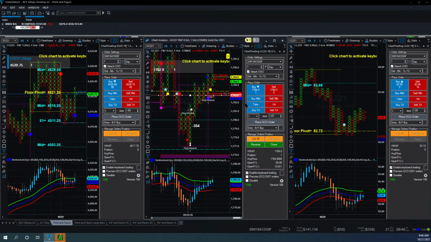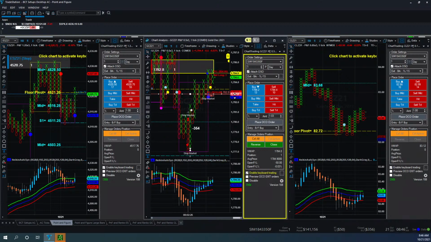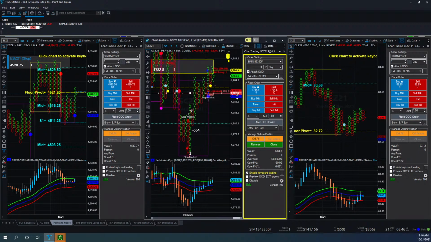Finding some resistance at the 1784, 1785 level. It will take me out at 210 if it comes back.